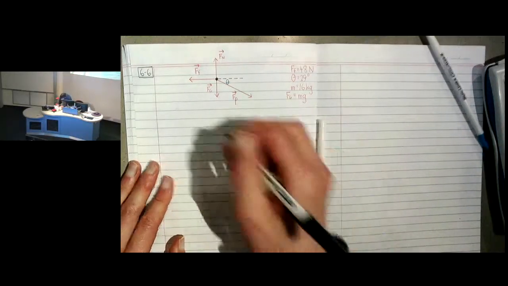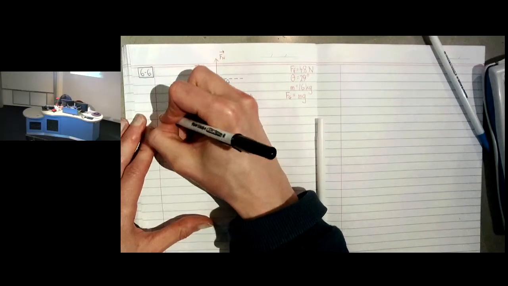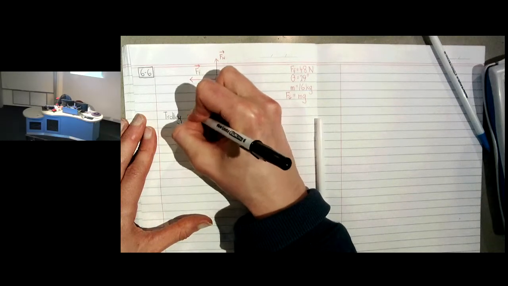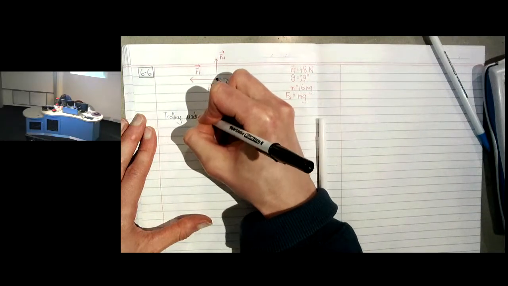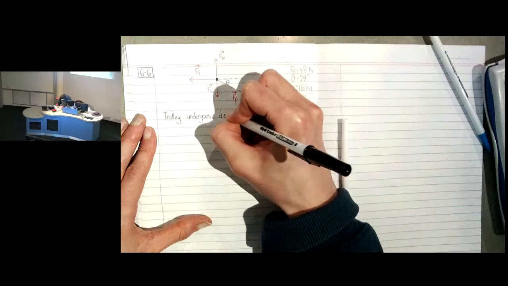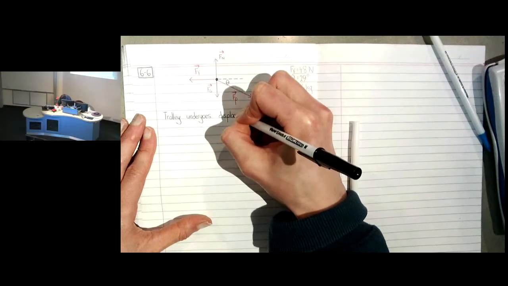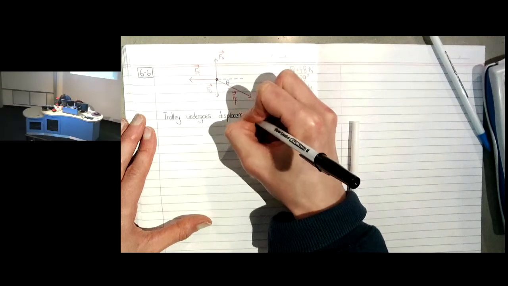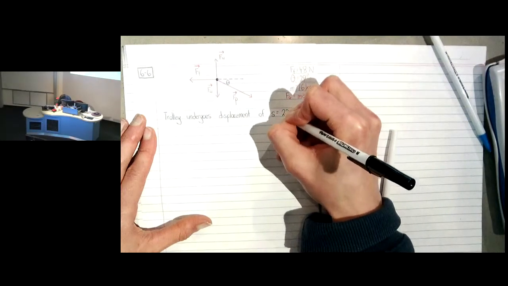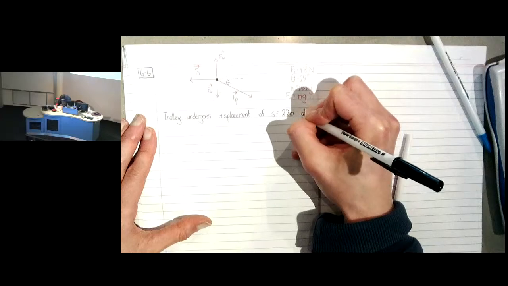So let's just note that the trolley undergoes a displacement, which I'll call S, equal to 22 metres, at constant velocity.